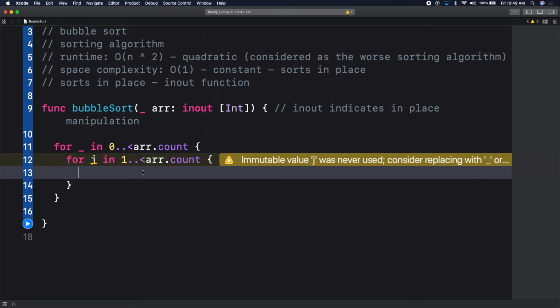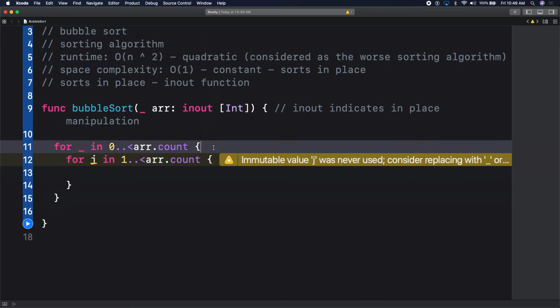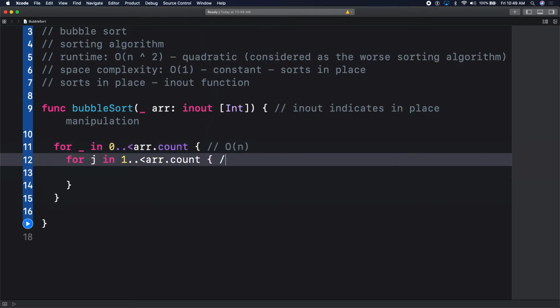Now we're in our inner for loop, and to keep count here, the runtime of my outside for loop is big O of n. The runtime of my inside for loop is big O of n. I'm going through the same collection twice. Everybody with me? It's the same collection. What's this collection here? It's the input array.